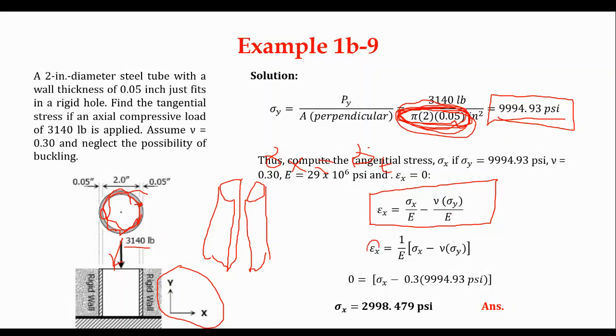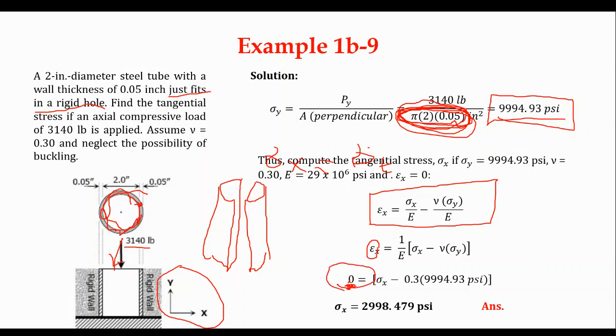Nganong ang strain ni x dere, 0? Nganong 0 ang gi-equate? It's because, guys, naa diri sa problem, just fits the rigid hole. So, it means, there is no deformation happening in x direction. Kasi nga, rigid hole. The deformation is not allowed to take place. So, mao na ang key dira, dapat ang strain in x nimo, 0 nimo na.